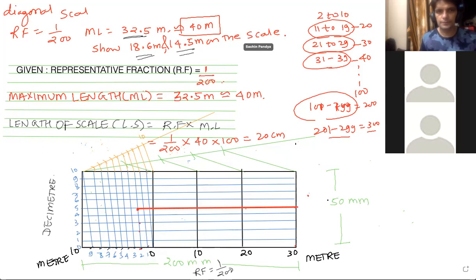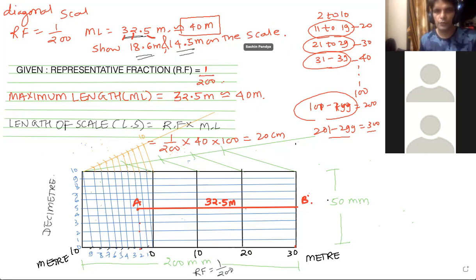Understood? So AB is 32.5. Any doubt in this? In marking the distance, 30 series, 30, then 32, and then go up by 5 because we want 32.5. So we want 30 meter, 2 meter, and 5 decimeter. So that's why I went up by 5.